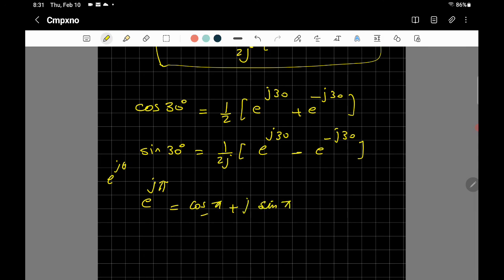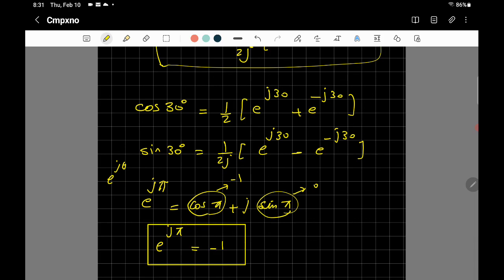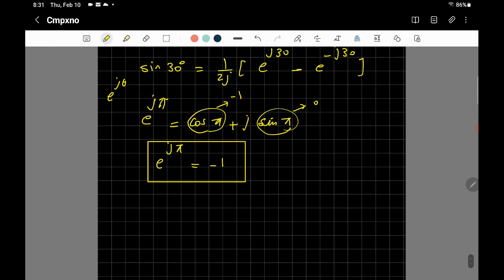Cosine pi is equal to minus 1, and sine pi is equal to 0. So e to the j pi is equal to minus 1. It's a special case, very important that we know. What about e to the minus j pi? If you put it here, it will be the same because this part is equal to 0. So e to the minus j pi, again, is equal to minus 1.